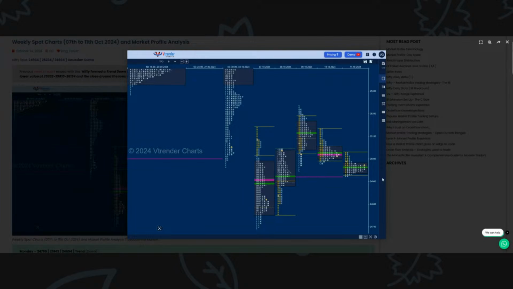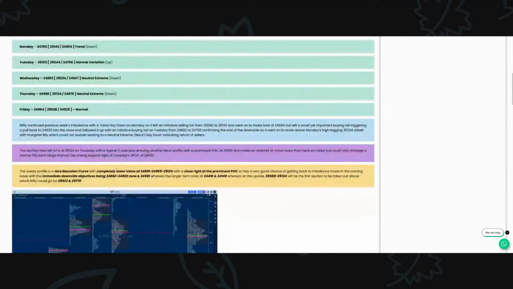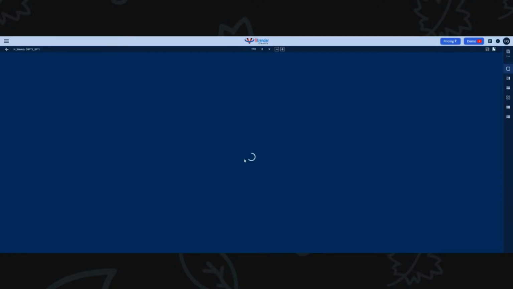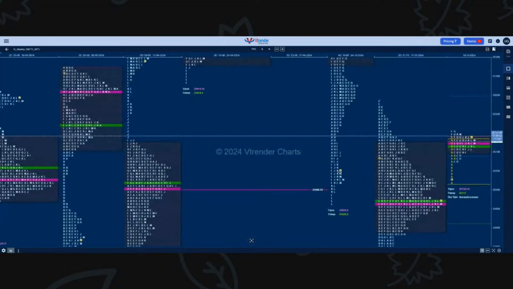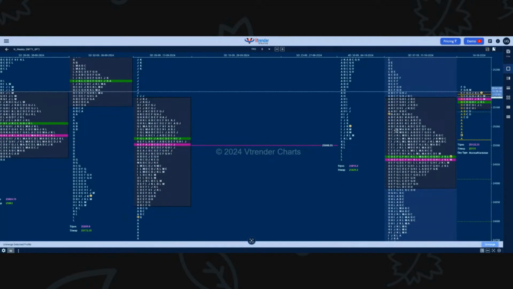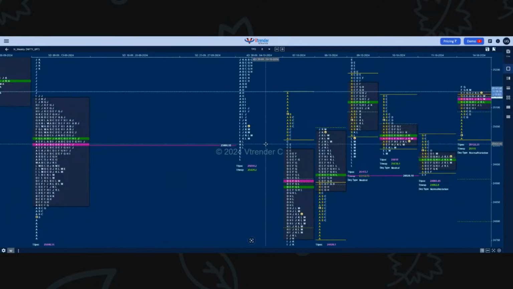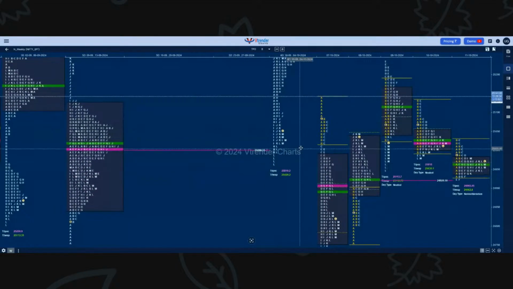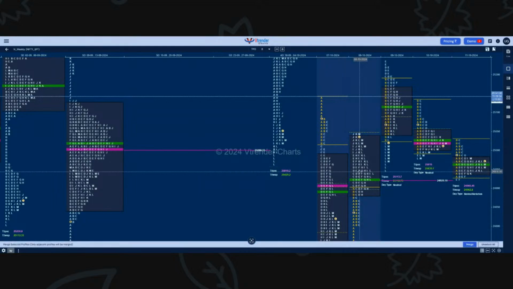So in case, I'll just pull up the profile charts so that we can see. If we unmerge this weekly profile, these 2 days, you can see how we stopped right at the 24920 on Friday.